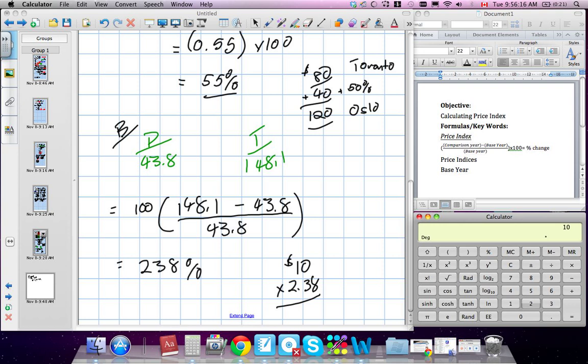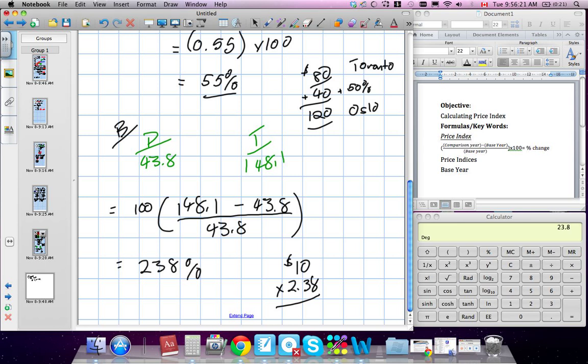So $10 by 2.38. It would cost you $23.80 in Tokyo for the same object. Okay? So the difference in prices is very large between those two cities, especially in terms of New Delhi's price. Okay? If you use the base of Tokyo, it's a little different.